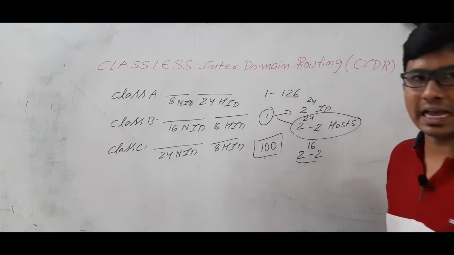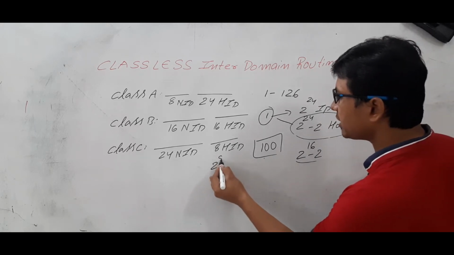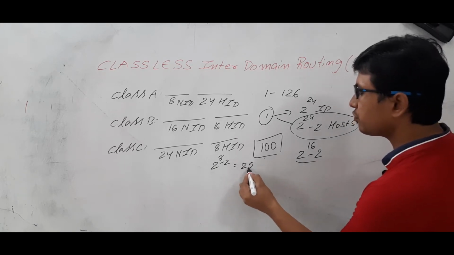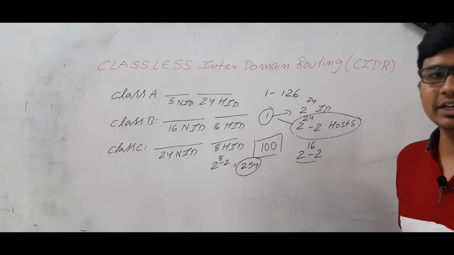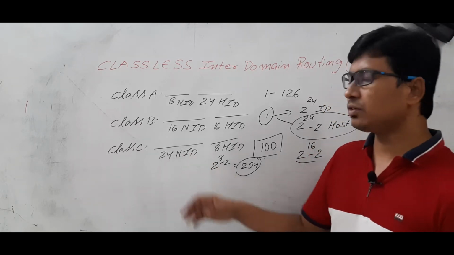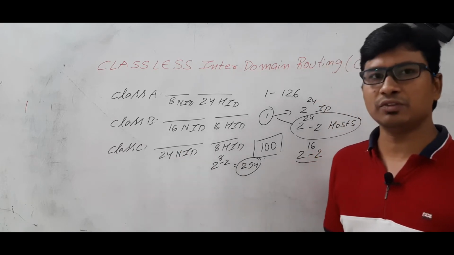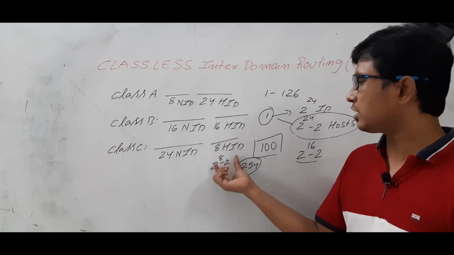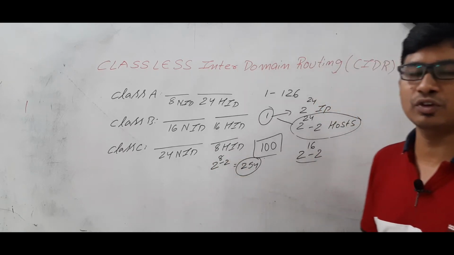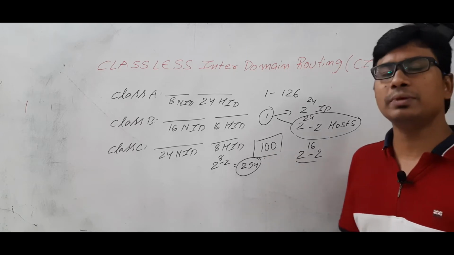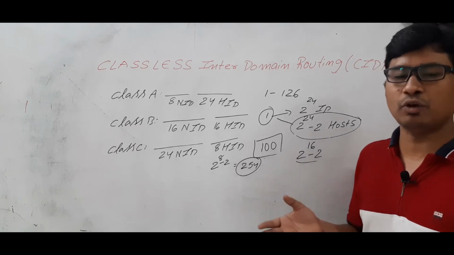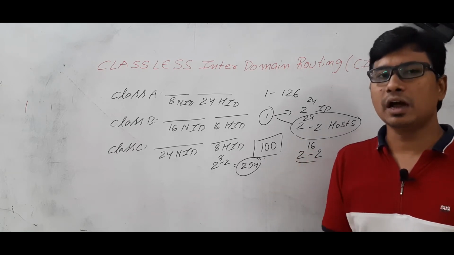If he goes for class C, 2 power 8 minus 2, which is 256 minus 2, 254 hosts he can deploy if he takes one network from class C. How many networks will be there in class C? 2 power 24 networks, and in each network you will have 2 power 8 minus 2 hosts, which is 254 hosts you can deploy. However, his requirement is 100. If he takes one class C network, 154 hosts will be underutilized.